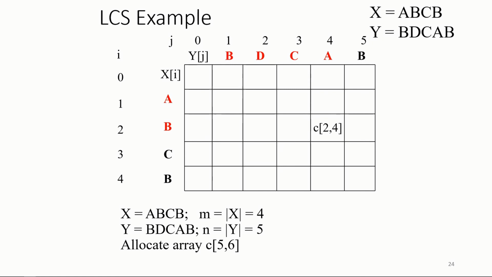That means the cell C[2][4] will store the length of LCS of the strings b, d, c, a and a, b. Next, we need to find out in which order we will fill up the cells.